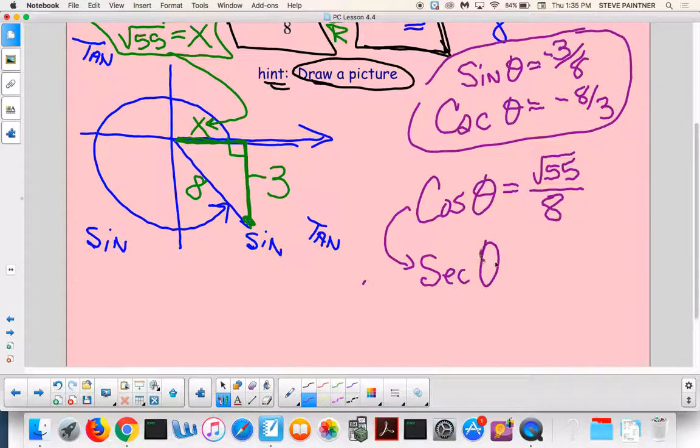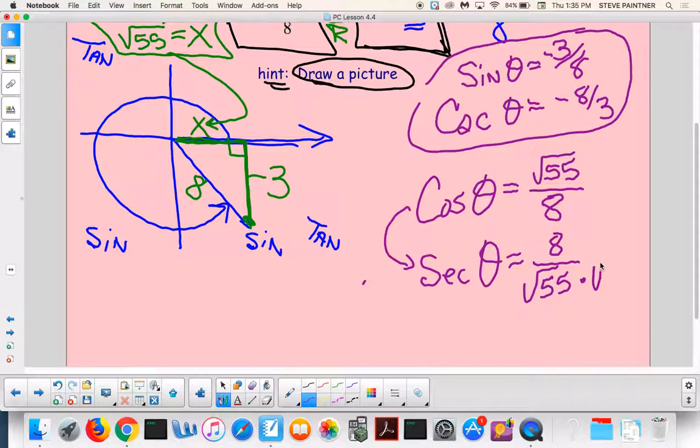Secant of theta, what'd you get for that one? You haven't done it yet? Okay, go ahead, Andrew. Square root of 55. So you already rationalized. If you flip it, you get this, correct?